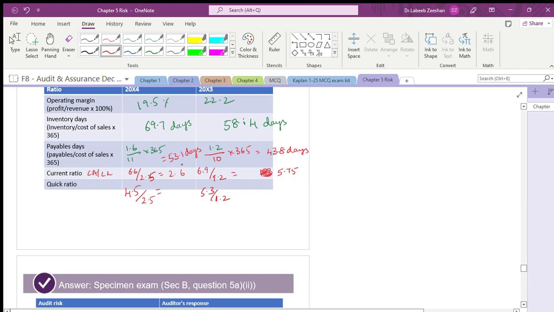And 5.3 divided by 1.2 is 4.41. And 4.5 divided by 2.5 is 1.8.